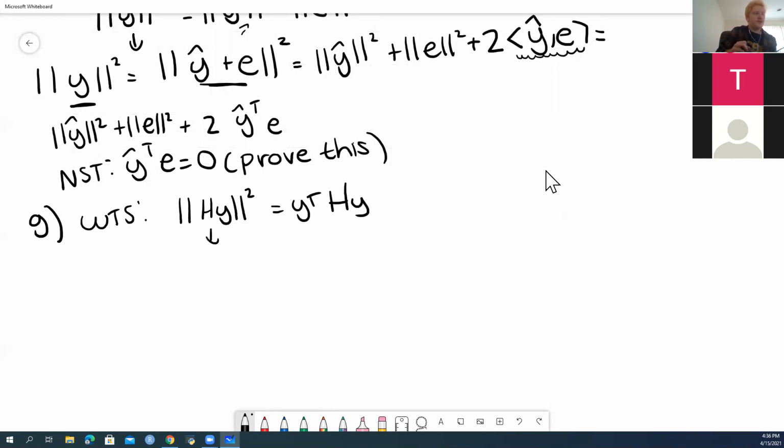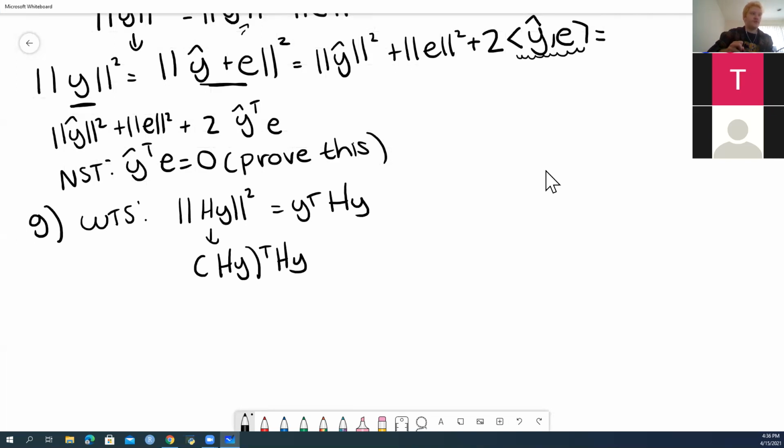Now remember, the L2 norm squared is going to be h y transpose times h y. So that's what the L2 norm squared is. The L2 norm squared of a vector is just the same as the inner product of the vector with itself. So this is equal to that.